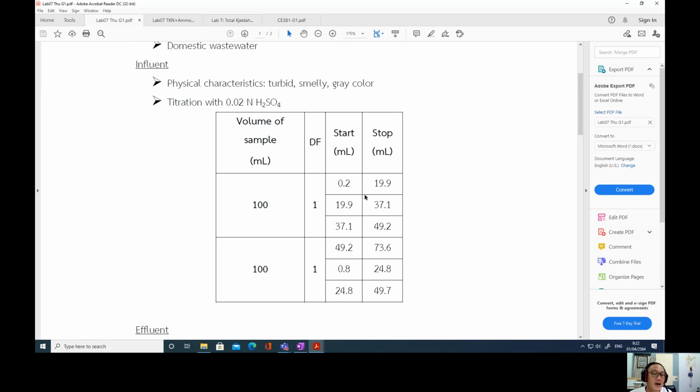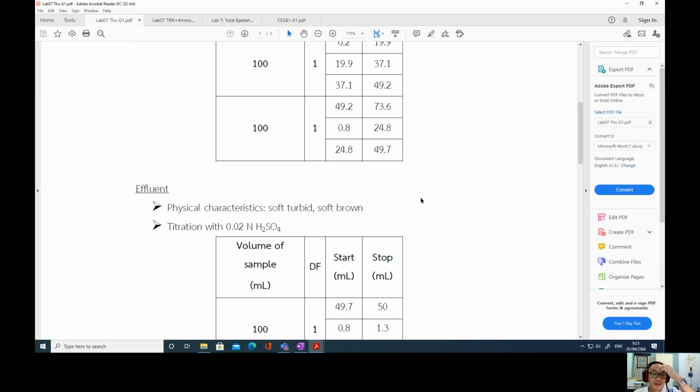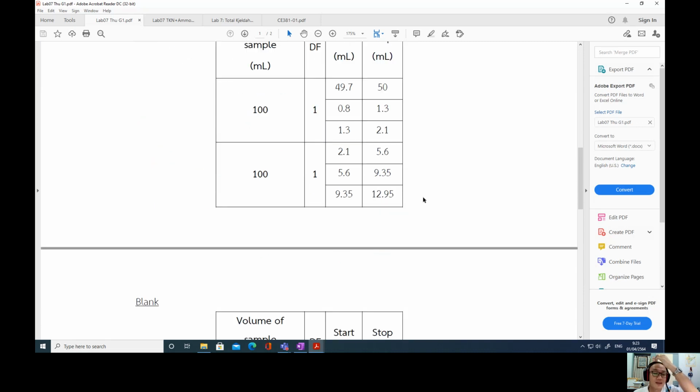The titration results obtained are shown in these two columns. You can take the stop minus the start to get the exact volume of the 0.02 sulfuric acid, so that you can use this information to determine both ammonia and the TKN, similar to the effluents.